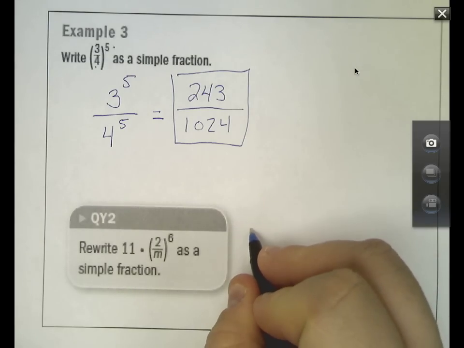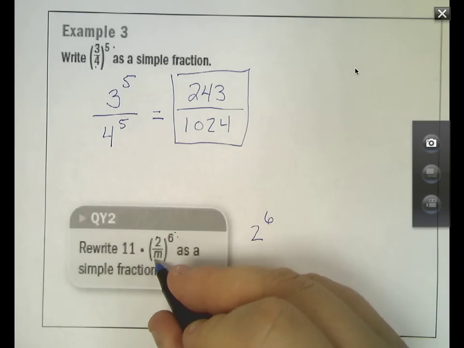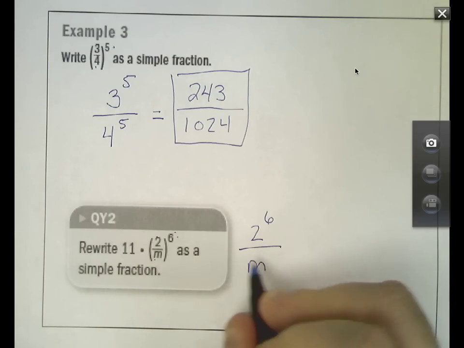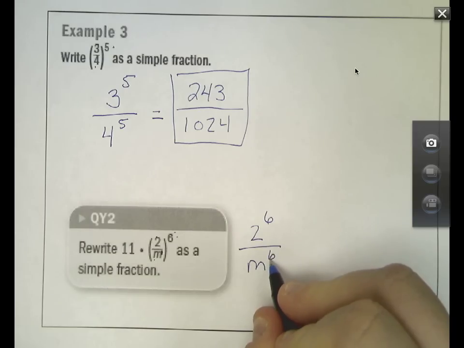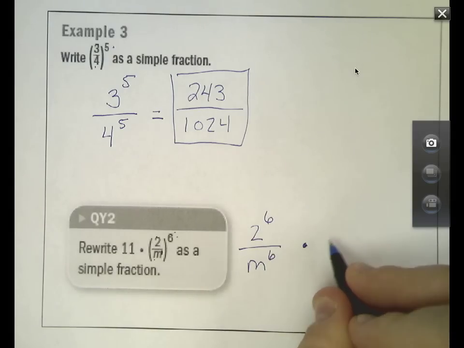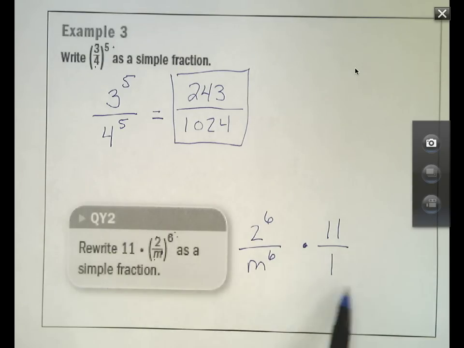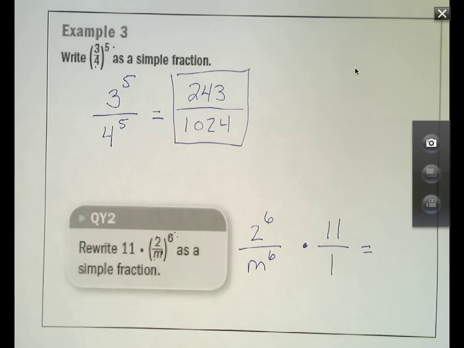So, 2 to the 6th, because the 6 has to go on the 2, it also has to go on the m. 2 to the 6th divided by m to the 1 to the 6th is 1 times 6 is 6. And then we're going to take this times 11. Well, this just looks like multiplying fractions. First thing we've got to do is find out what 2 to the 6th is.